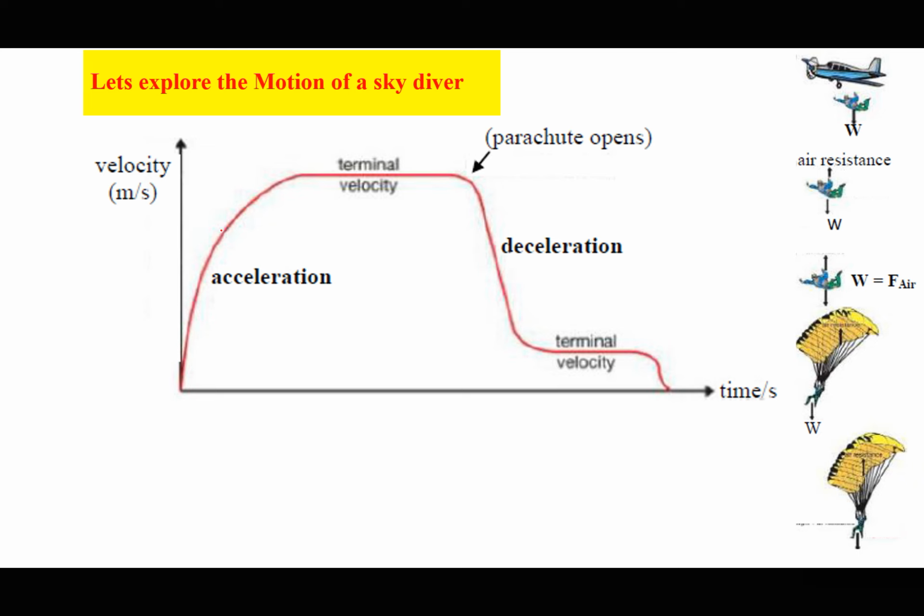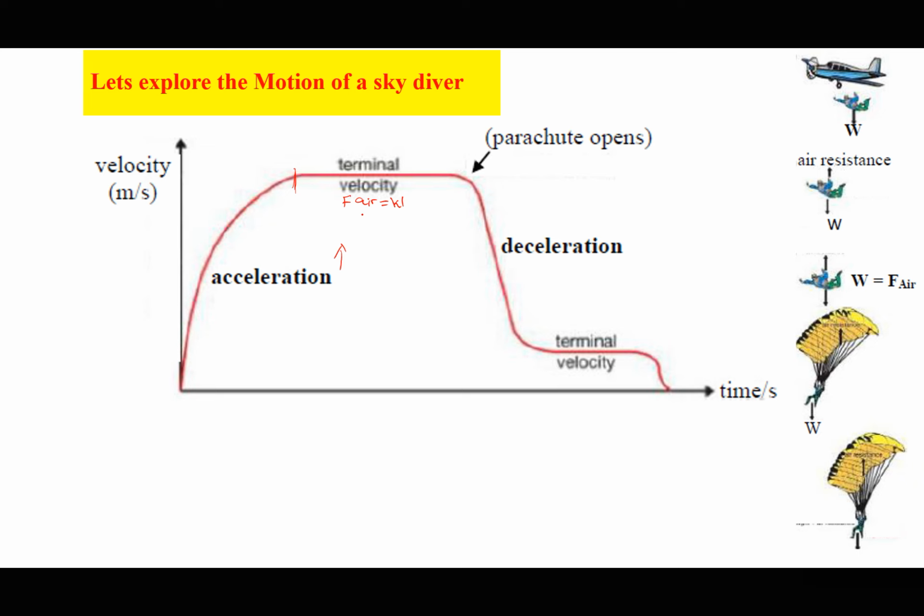The air resistance on them is increasing, until a point here where the force due to air resistance is equal to the weight for the first time before opening the parachute.